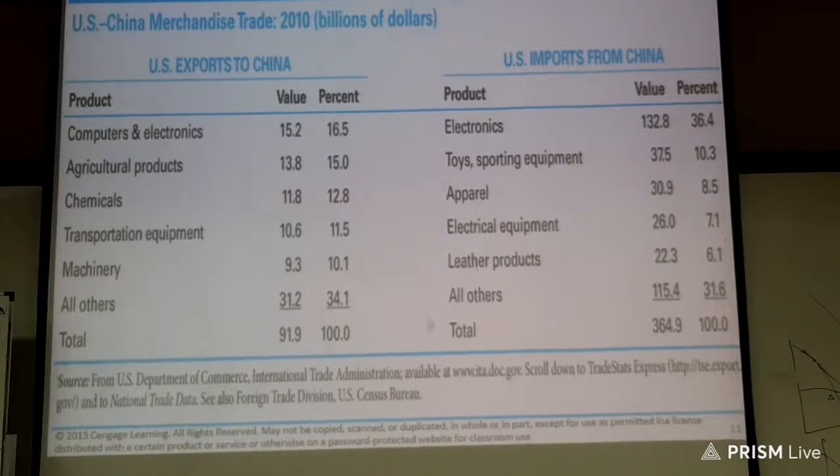So, U.S. exports to China computers, agriculture, others. U.S. imports from China electronics. Mostly high tech from United States.